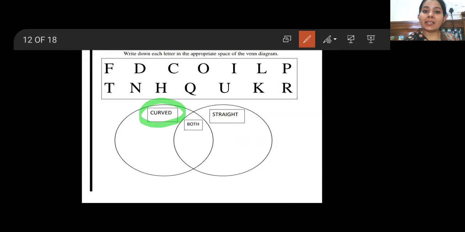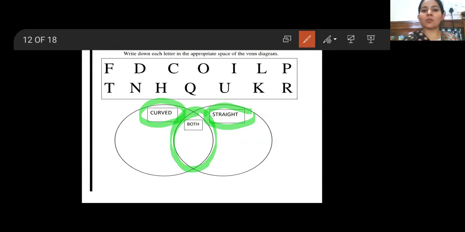Curved, the letters that are made purely with curved lines. Whereas straight, letters that are made purely with straight lines. And of course, both, that has straight lines also and curved lines also.